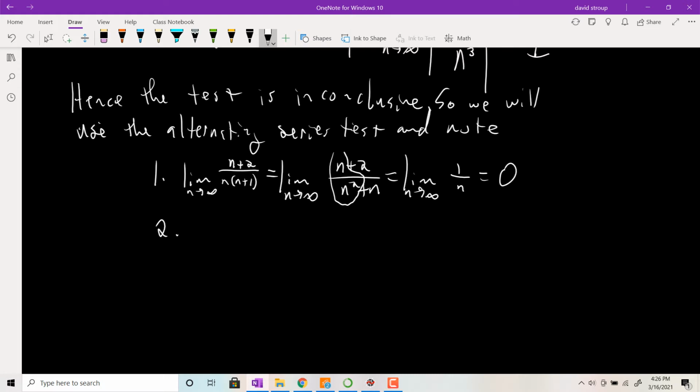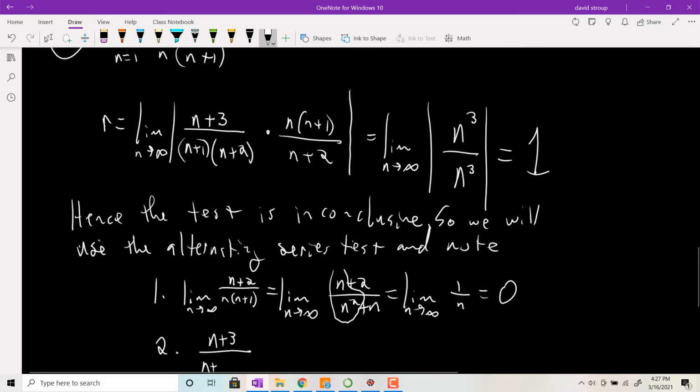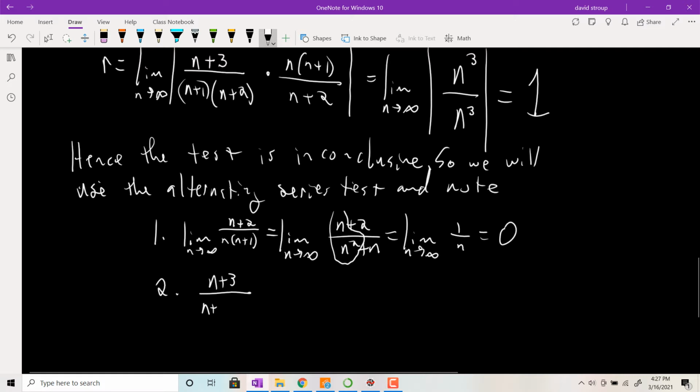Second criteria, I need to show that it's decreasing. So a sub n plus 1 will be n plus 3 all over n plus 1 times n plus 2, and I kind of already did that math above, right? I didn't do it in its completion though, so I'm going to have to multiply it out and figure out what we got.